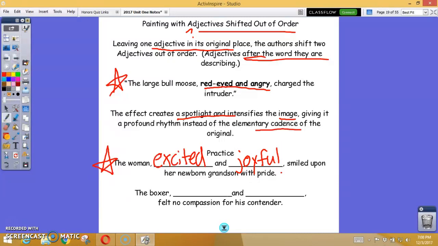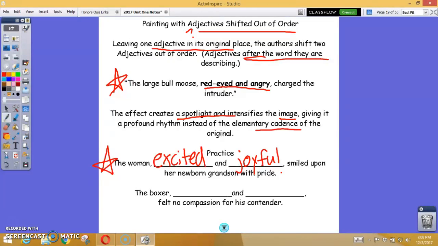It's not meant to be anything crazy. Let's just look at how this sounds now. The woman, excited and joyful, smiled upon her newborn grandson with pride. So think about how much more interesting that sentence is than if I said the excited and joyful woman smiled upon her. It just doesn't have that extra little pop of interest there.